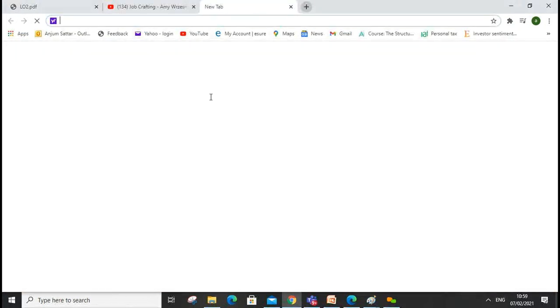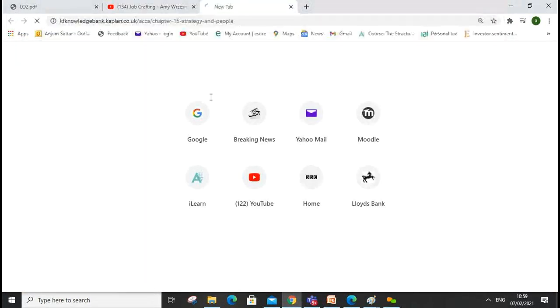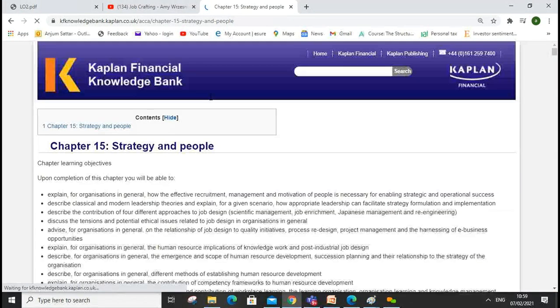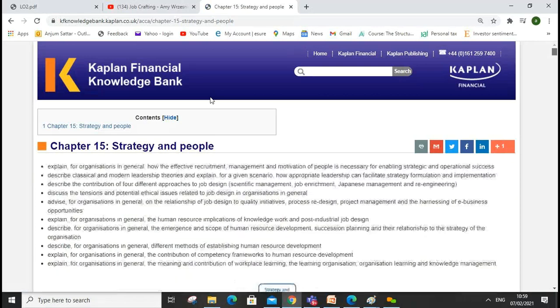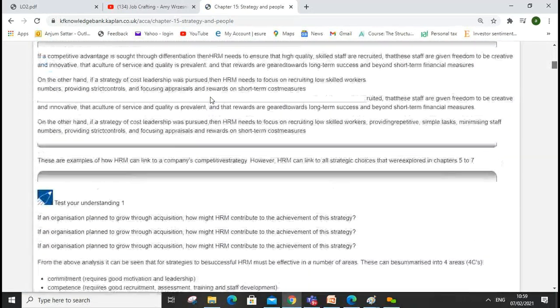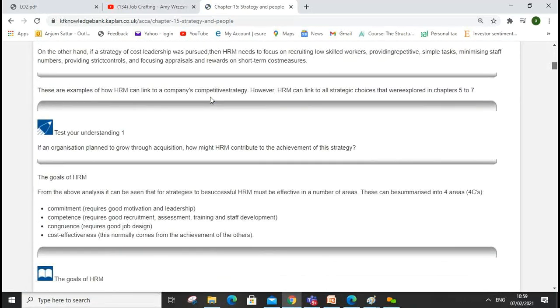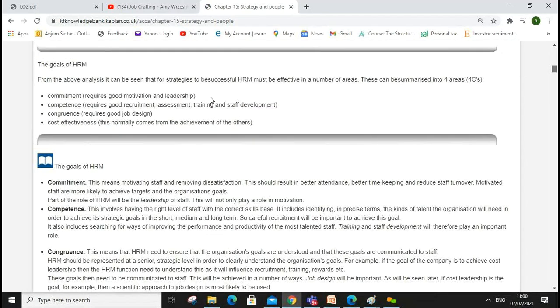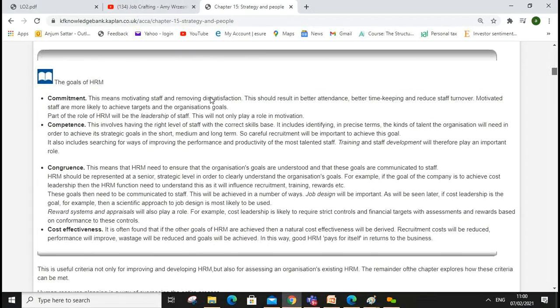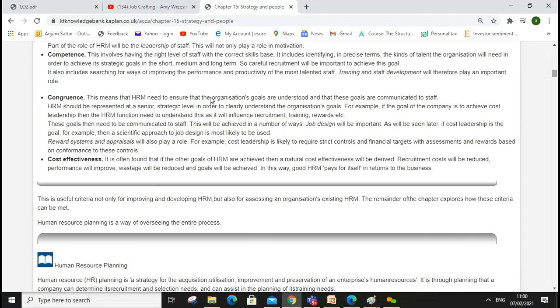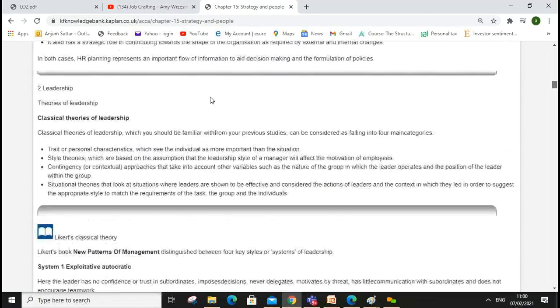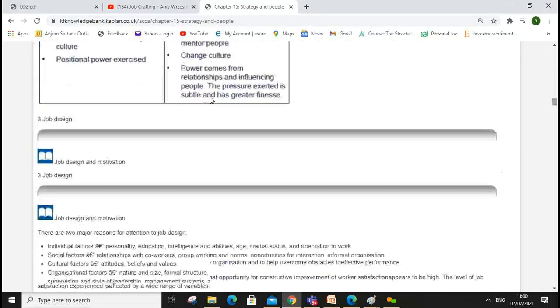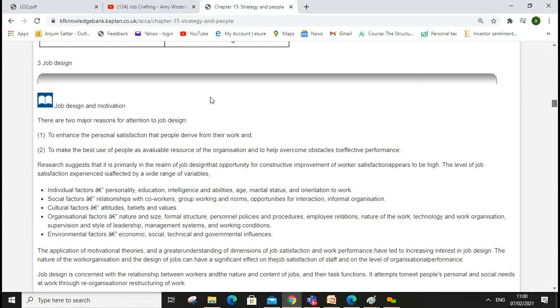It's quite good, it's from a publisher called Kaplan. They publish a lot of material on various subject areas. It covers people and strategies in our organization, HR, planning through acquisition, the goal of commitment, the goal of HRM, human resource management, human resource planning, different theories, and job design and motivation.